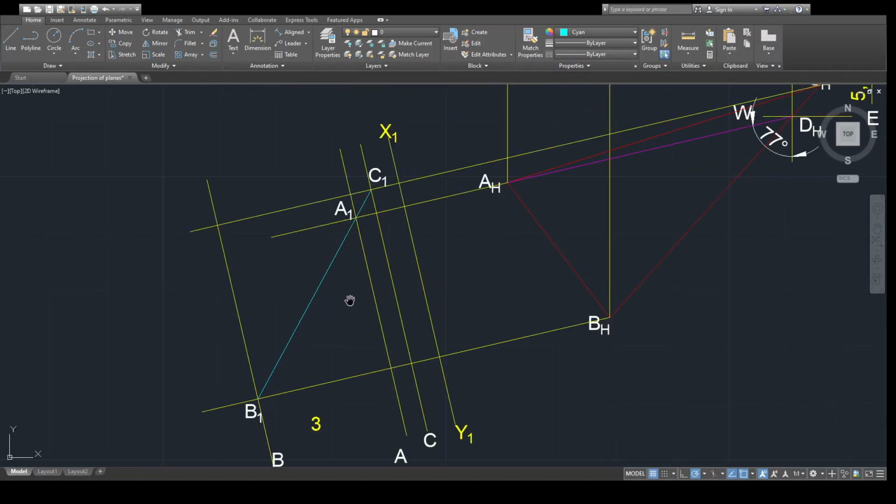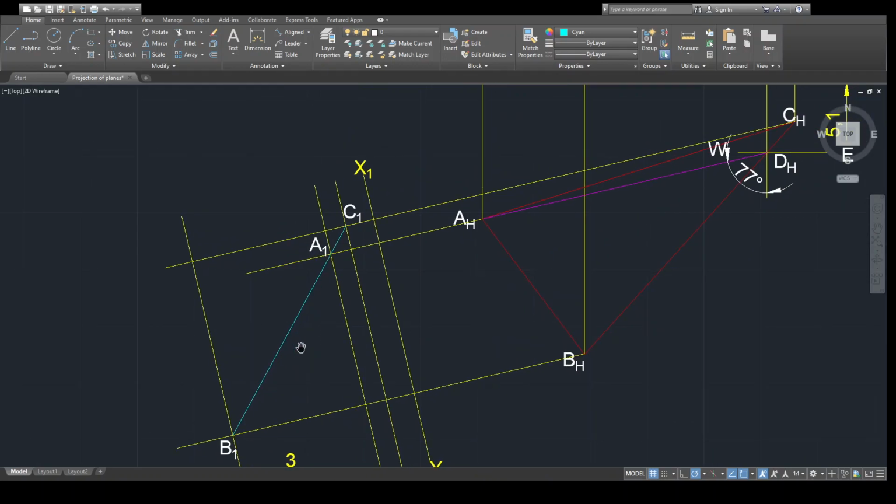Now this becomes our dip line. So what is the dip direction? Let us measure the angle. The angle of this line, the edge view of the plane, that is the dip line, with respect to the X1Y1 plane is our dip angle. What is the dip angle? 41 degrees, that is the dip angle.